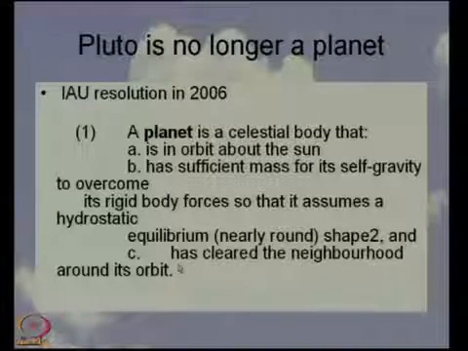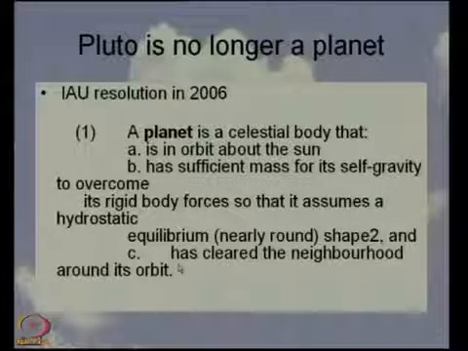So, an object in orbit around the Sun that does not have enough self gravity to overcome the rigid shape held there, where the atoms are held together by electromagnetic forces and quantum mechanics, not by gravity, is not a planet. If its gravity was sufficiently high, it would collapse, come to hydrostatic equilibrium, form a spherical shape, and then it would be a planet.